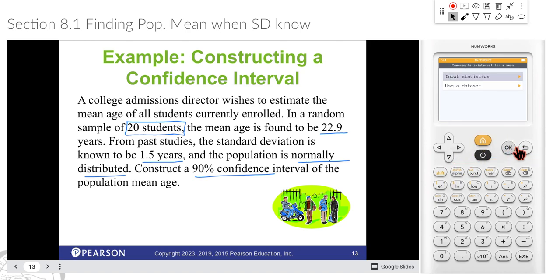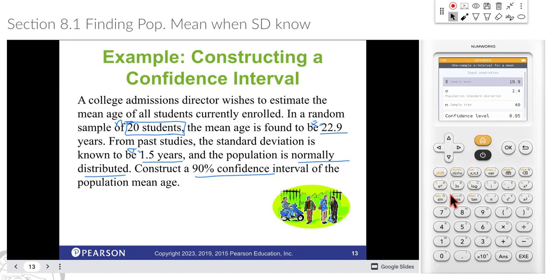We're going to input the statistics, and the statistics we're going to use are the sample size, which is n, so n equals 20. We've got from that sample x bar, the mean from the sample, and then we've got the standard deviation from the population, so this is sigma here, and then we know we need a 90% confidence interval.